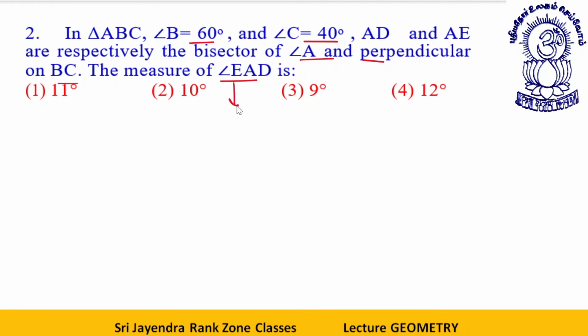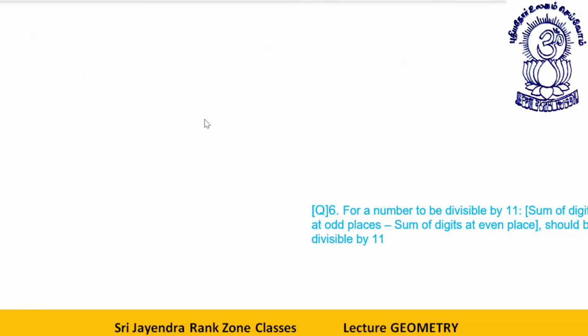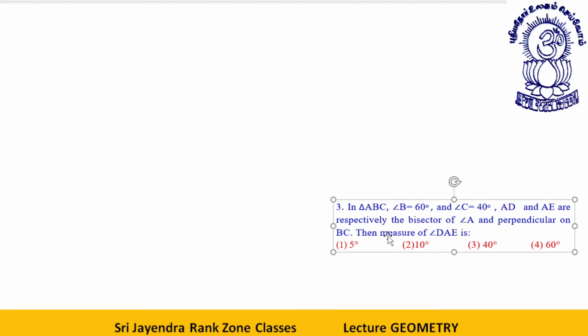The measure of angle EAD is directly half of 60 minus 40, that is 10 degrees. Next one is also the same. The measure of angle DAE is again 10 degrees. I think this is the examiner's favorite question, the same favorite figure, favorite numbering.